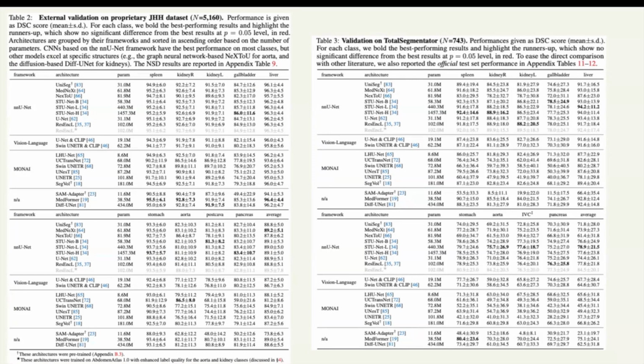So we see a 10% DICE difference across these two OOD datasets. And interestingly, the Total Segmentator results are usually lower. So it shows the distribution shift to Total Segmentator, even though it's a single hospital, is more difficult for the neural networks than working on a totally unseen hospital.